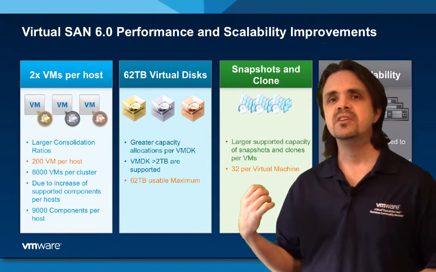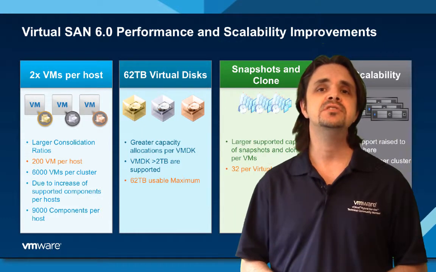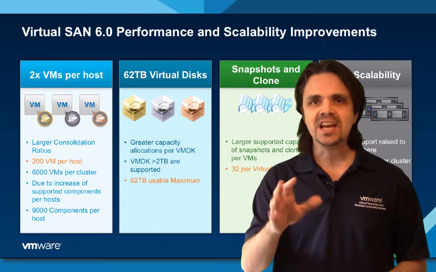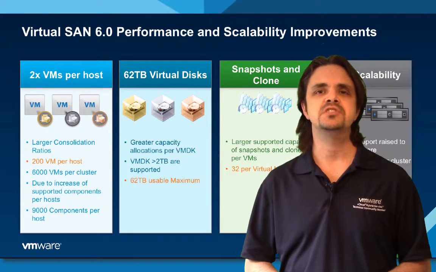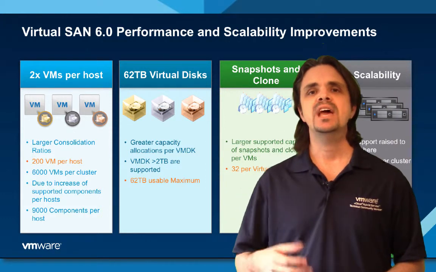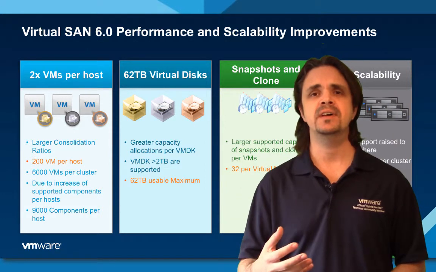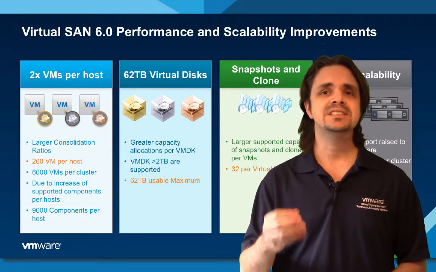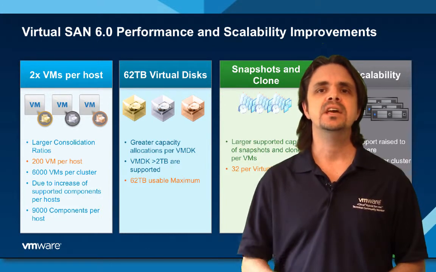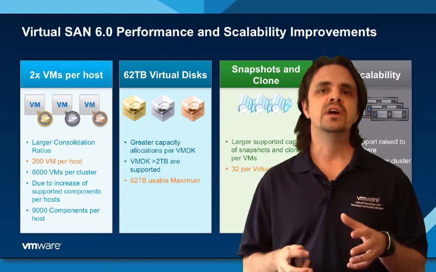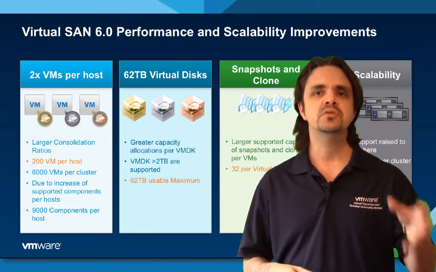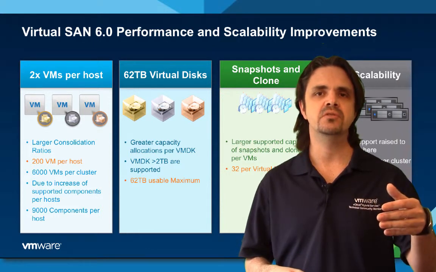Additionally, we see now that we have up to 32 snapshots per virtual machine. And this raises an interesting point. Years back when I was a VM admin, we had a case wherein we were doing a ton of development, and the developers were using snapshots pretty much the exact way you should use them. They were going in, creating code, running a snapshot, and then testing, going back, doing another snapshot, and progressing through.